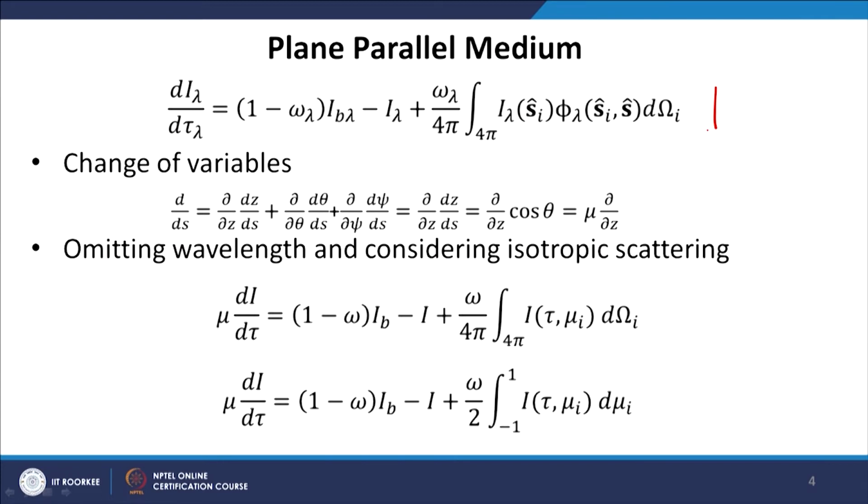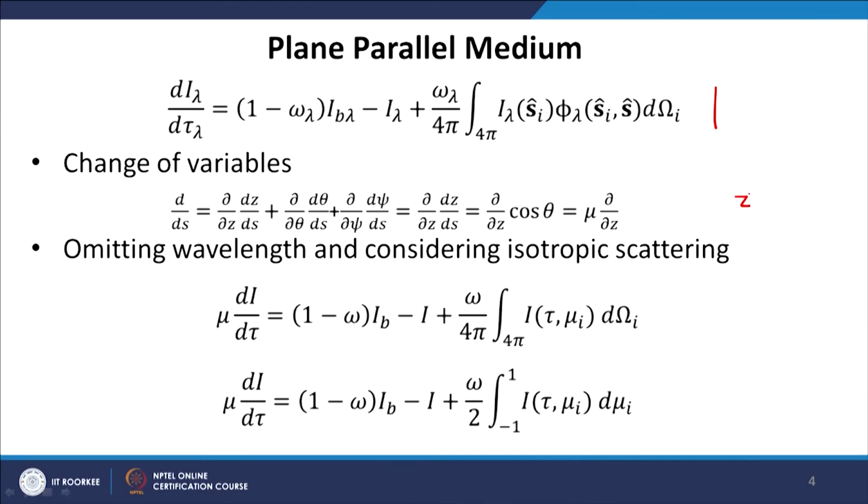So, we start with the radiative transfer equation in non-dimensional optical coordinate, because this is given in optical path along which the radiation travels. We have to now change the variables to our coordinate system, that is z and theta. Okay.